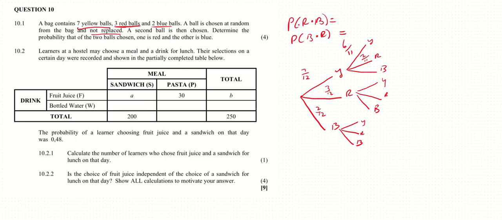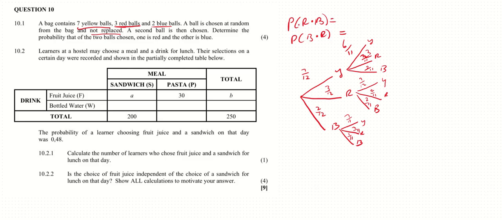Only one number decreases in each branch: here the number of yellow, here the number of red, here the number of blue. The rest remain the same. Because we chose blue first, yellow remains the same, red remains the same, then blue decreases to 1 over 11.